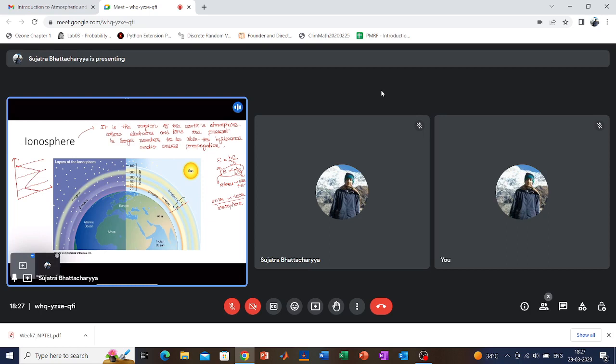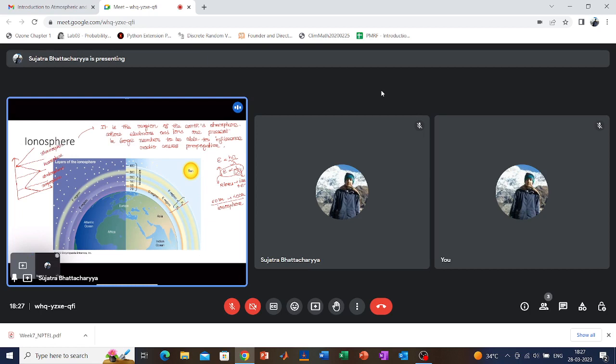This is the mesopause, and after that there is an increase. This is the thermosphere. Then where is the ionosphere?